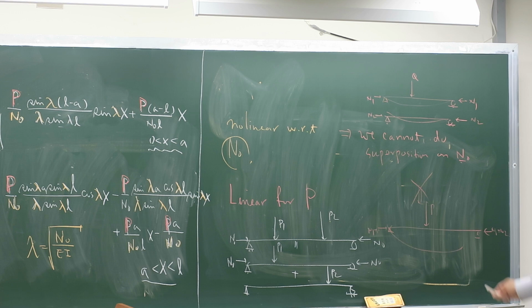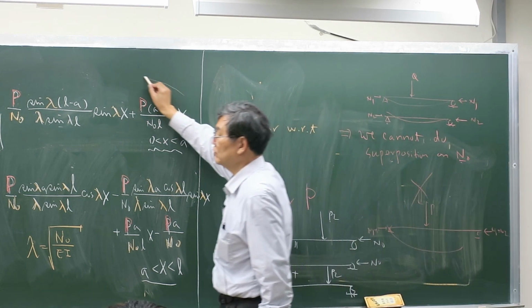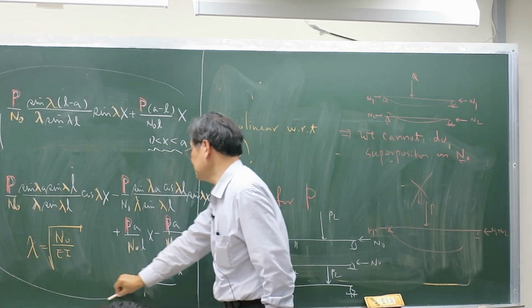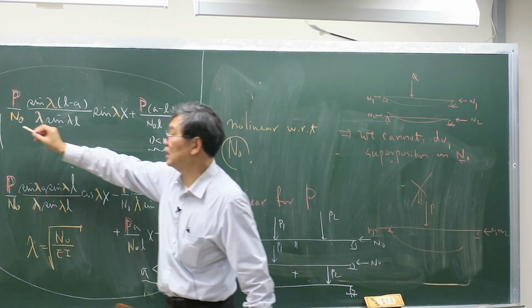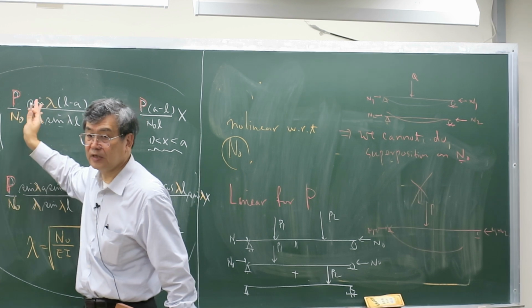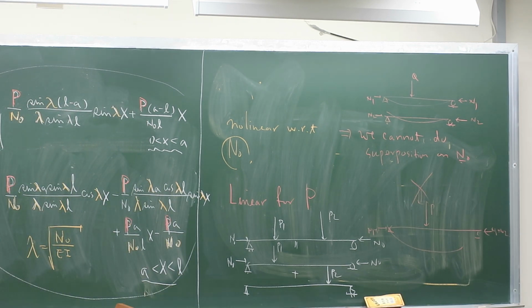Okay, so if you have a lot of vertical loading for this beam under axial compression, the lateral loading can use superposition. See what I mean? So that's why I have to derive this equation, solution for you, to see it is linear with respect to P. The solution W is linear with respect to P. So we can do superposition.